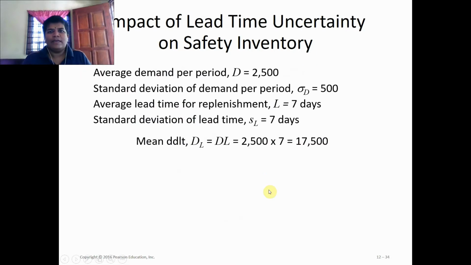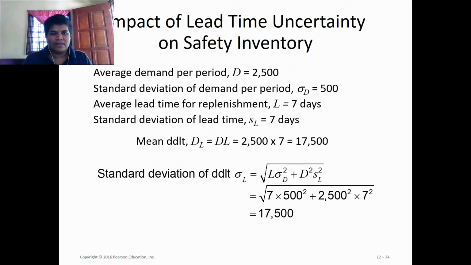Impact of lead time uncertainty on safety inventory. Again, just plug the needed numbers into the formula. Average demand is 2500, standard deviation of demand per period is 500, lead time for replenishment is 7 days, and standard deviation of lead time is 7 days.